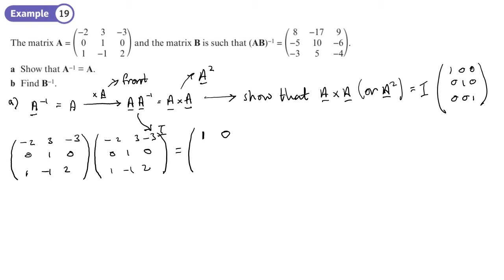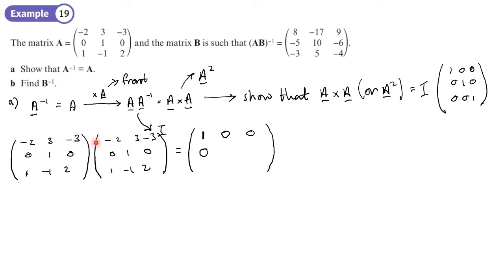So next, second row, first column. That's going to be this row here times by this. So 0 plus 0 plus 0, so we get 0. Moving across to the second column in the second row.